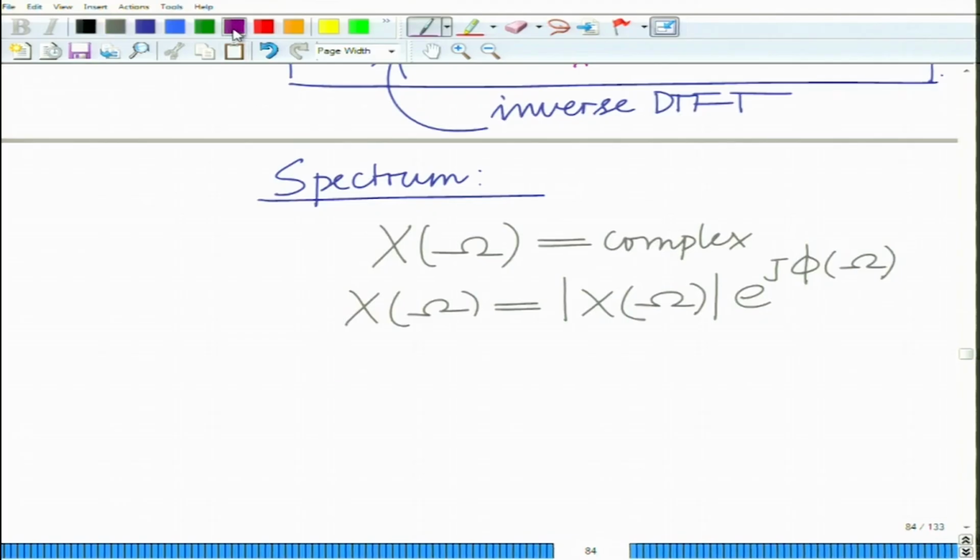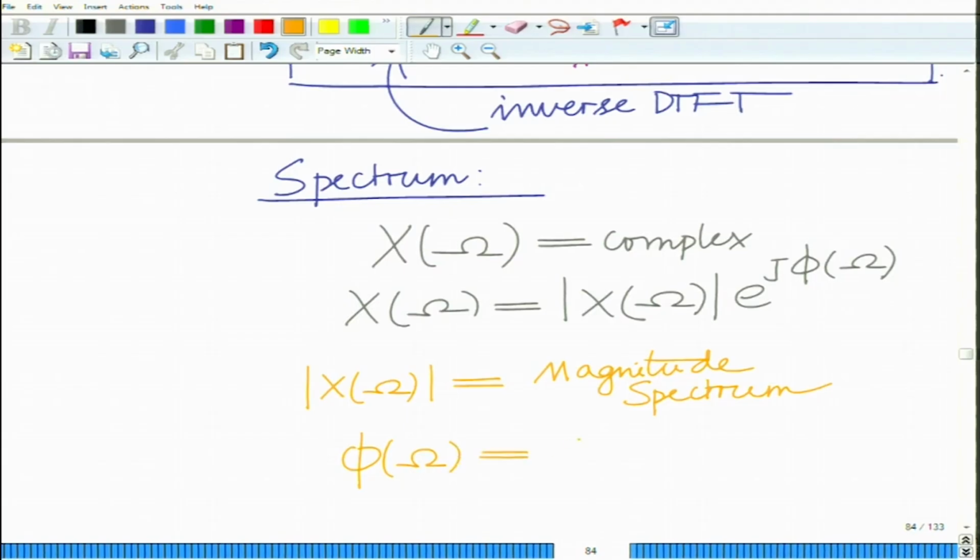This quantity, magnitude X of omega, is the magnitude spectrum, and the quantity phi of omega is the phase spectrum. So, we have the magnitude spectrum, we have the phase spectrum.